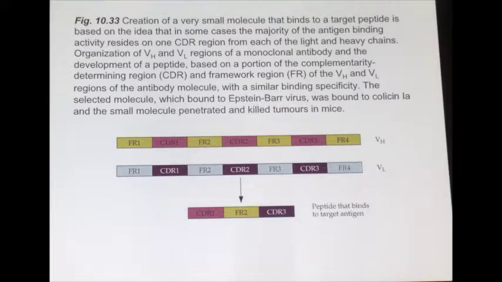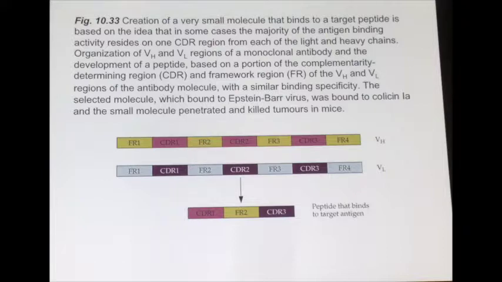So the question is how to get a smaller antibody fragment, and by smaller I mean smaller than an Fv fragment. An Fv fragment is already just about 1/6 the size of a whole antibody molecule. But we want it to be much smaller than that. What this group of workers started with is an Fv fragment, again, represented conceptually.